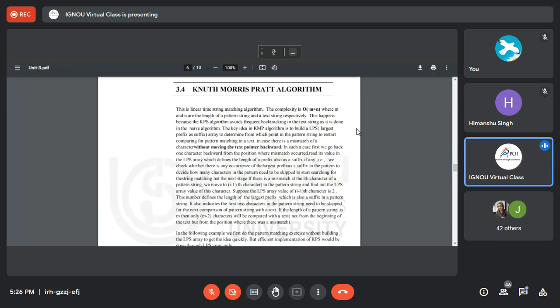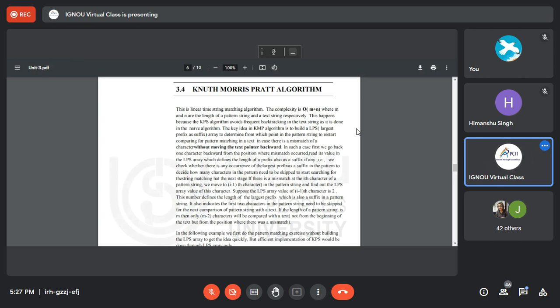Now the Knuth-Morris-Pratt algorithm. Its complexity is m plus n. This is a linear time string matching algorithm, where m and n are the lengths of the pattern string and the text string.